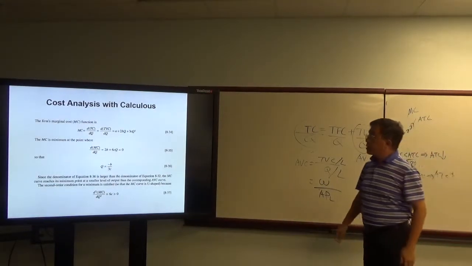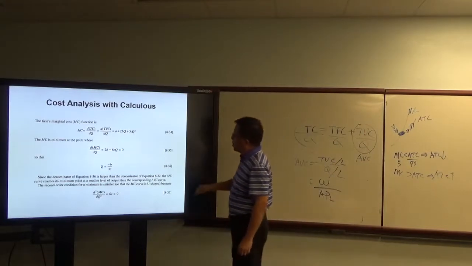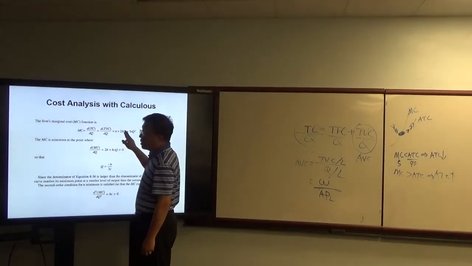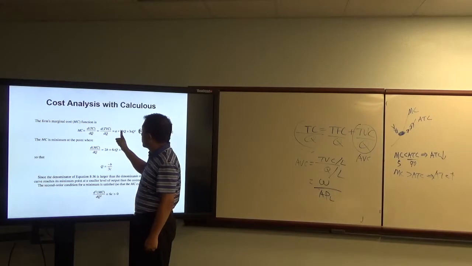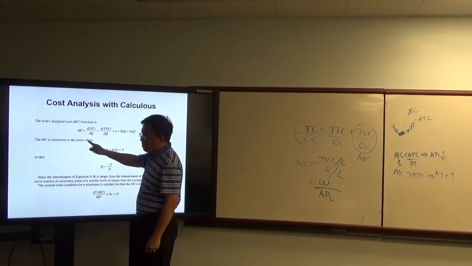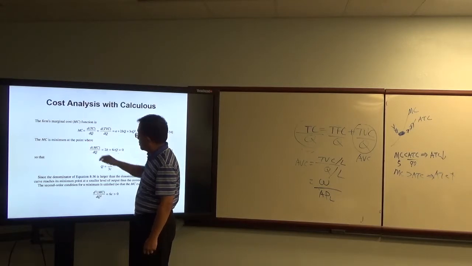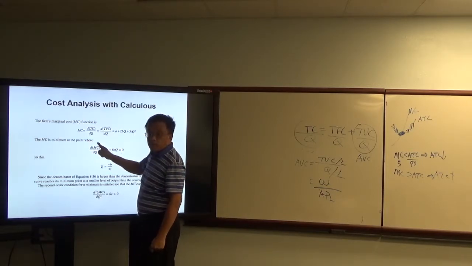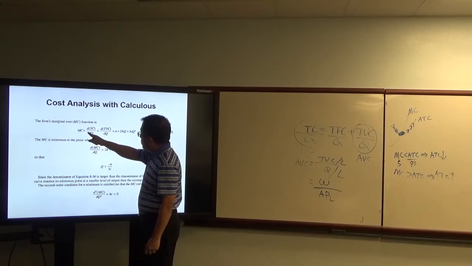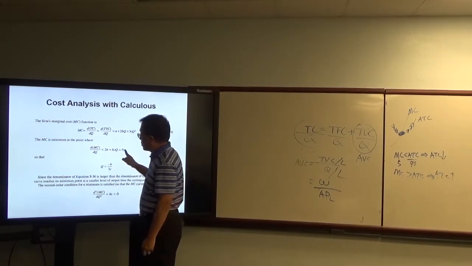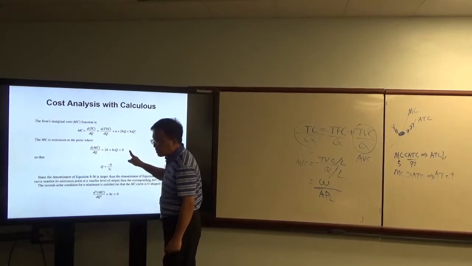And the marginal cost, we can take a derivative with respect to the total cost. And how much to produce to minimize the marginal cost? Again, for the marginal cost, we can take the first derivative and set it equal to 0.